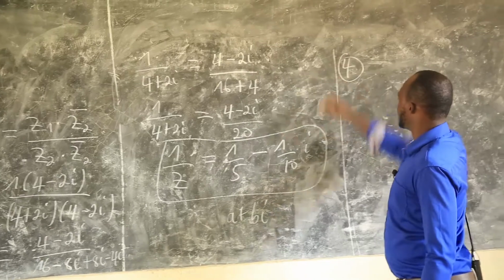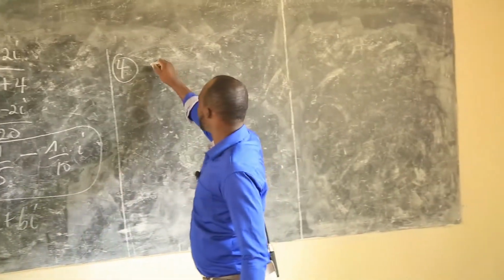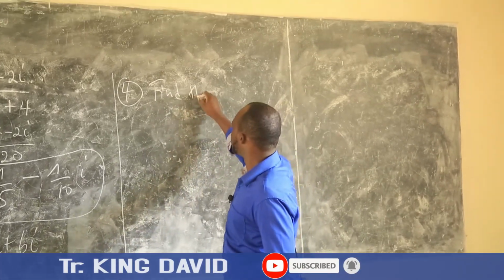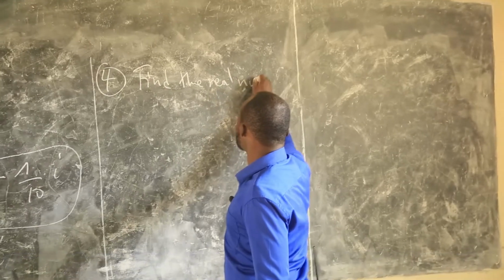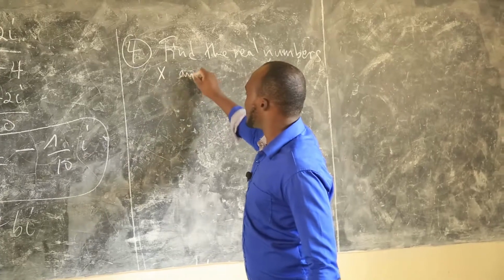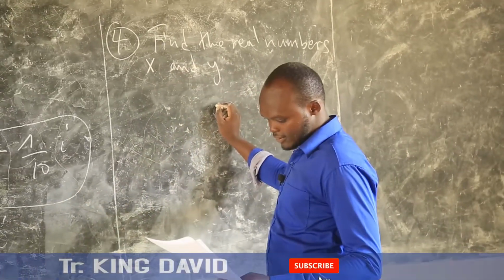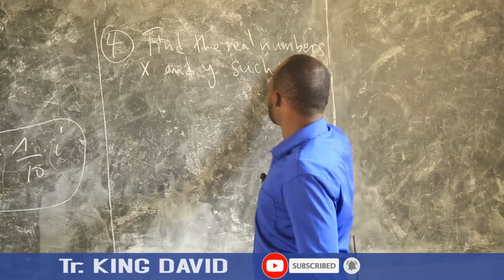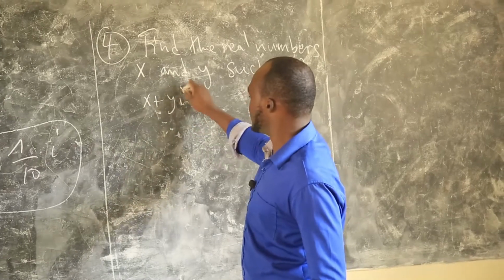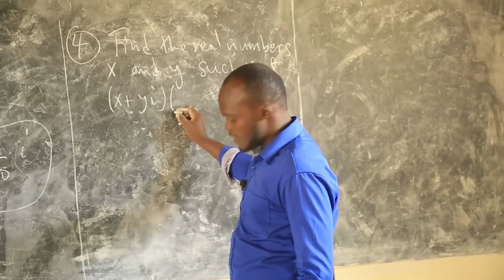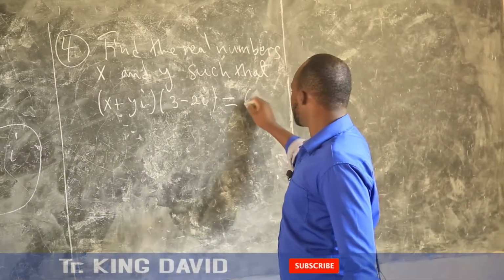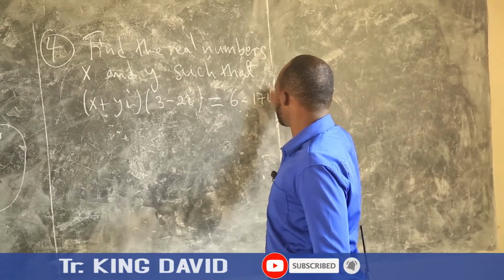Number 4, it is saying find the real numbers x and y such that we have (x + yi) into bracket (3 - 2i), which is equal to 6 - 17i.